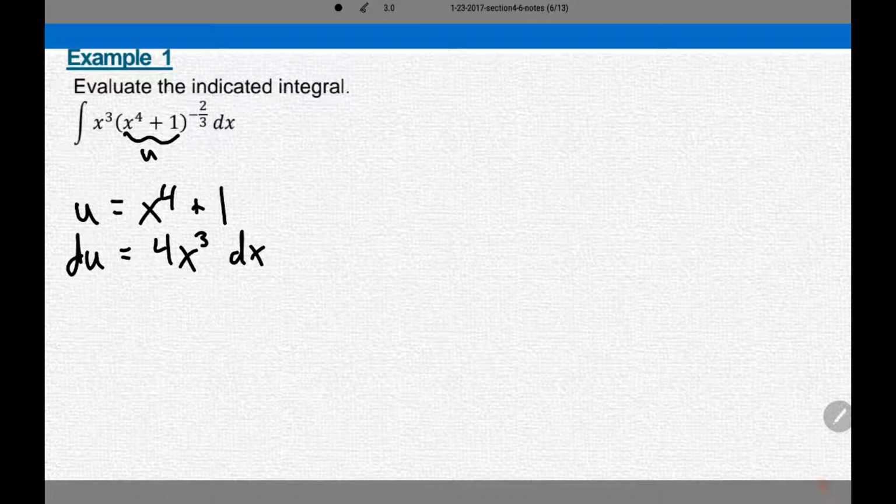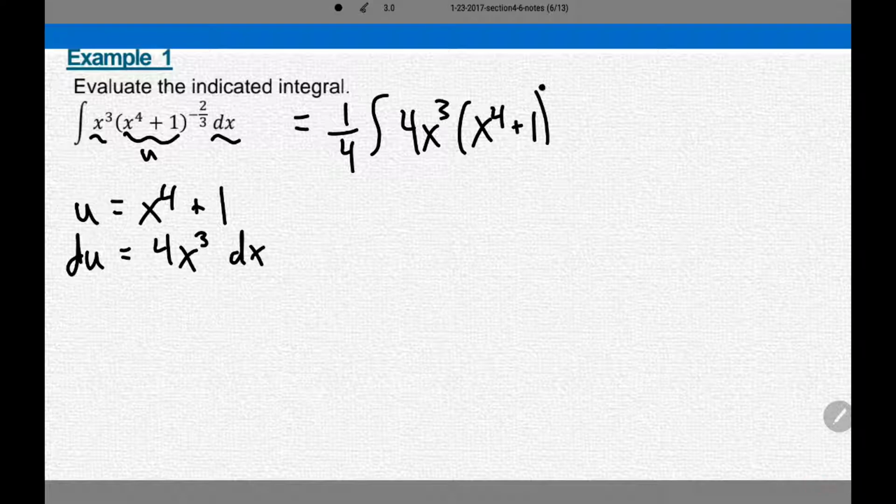So you might be thinking, well, if I look up here, I can see that there's an x cubed and a dx. So I'm going to have to make that into du. We can do that really easily, but that 4 has to be taken care of by putting a 1/4 out front. So I put a 1/4 out front, and then if I have 4x cubed, this is the exact same integral that we started with.